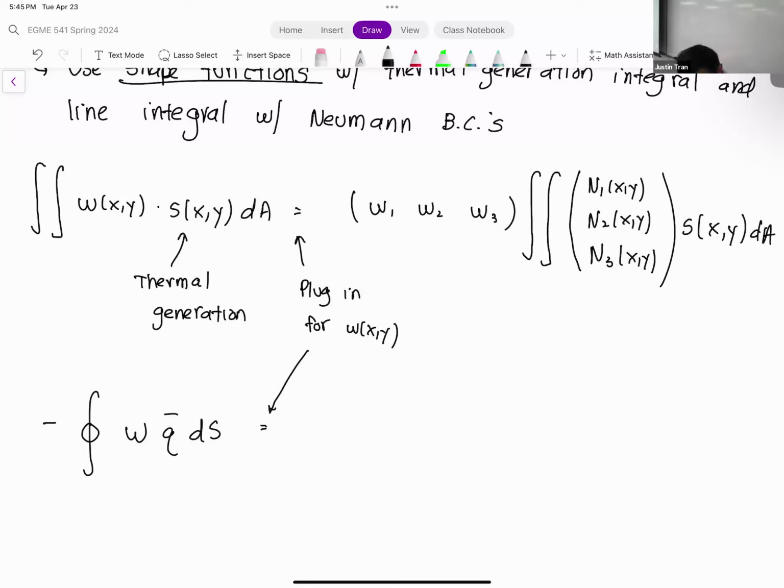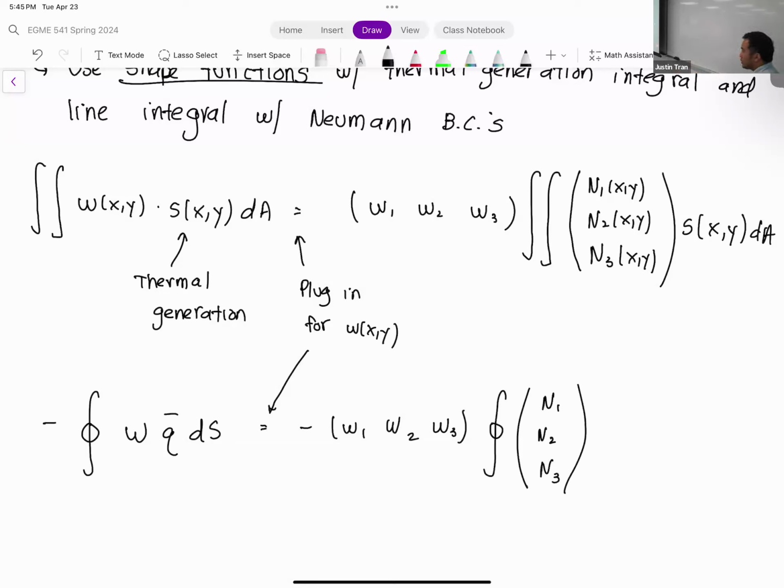If we do that, we get minus W1, W2, W3, a line integral around the boundary of N1, N2, N3, which are still functions of X and Y, times Q bar ds.